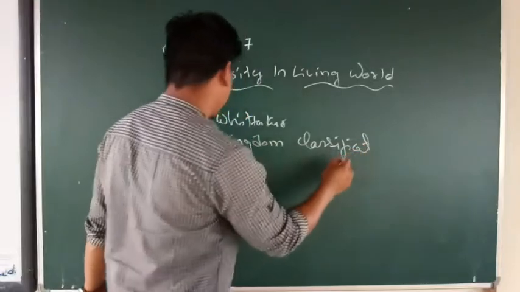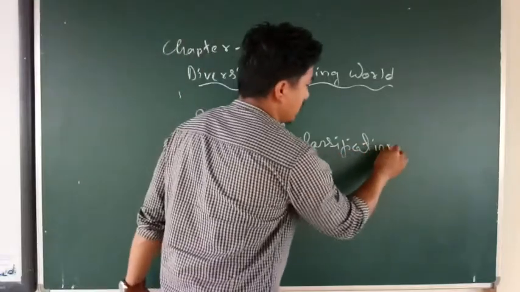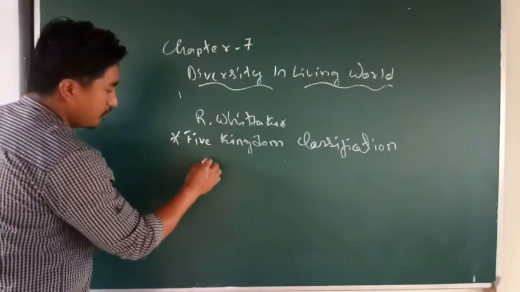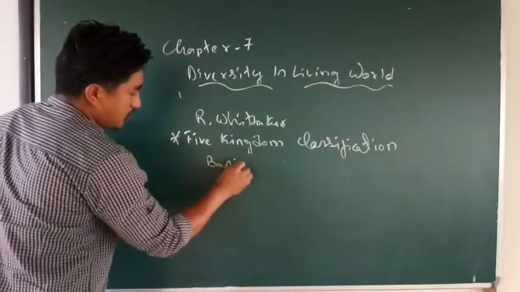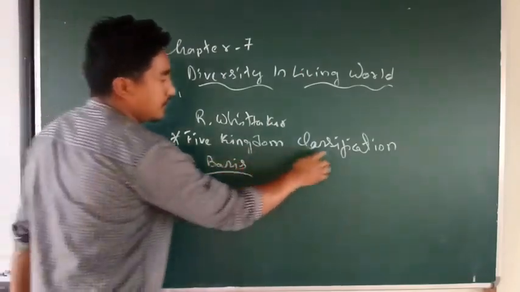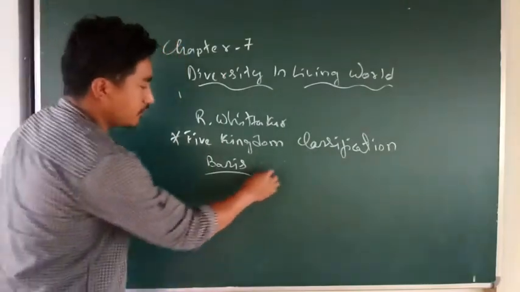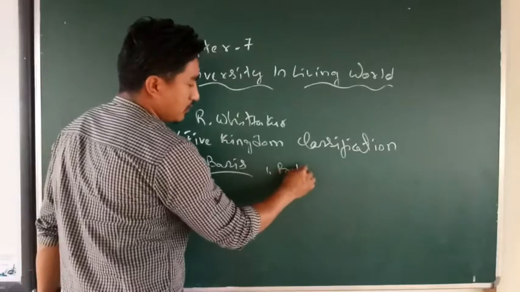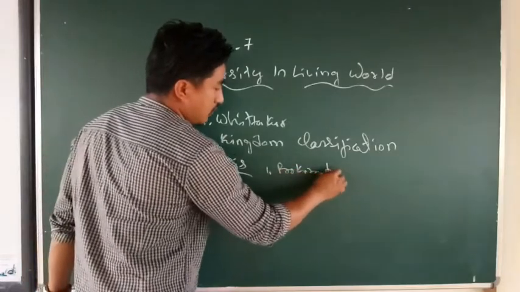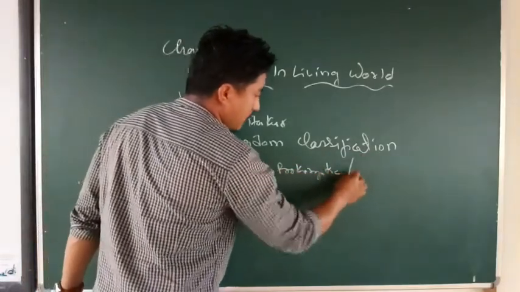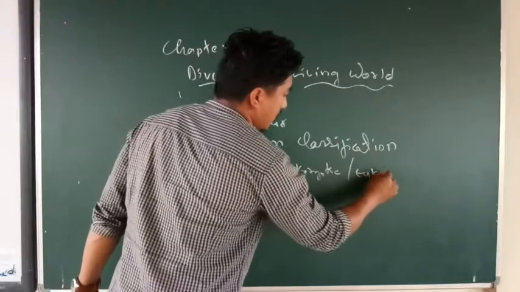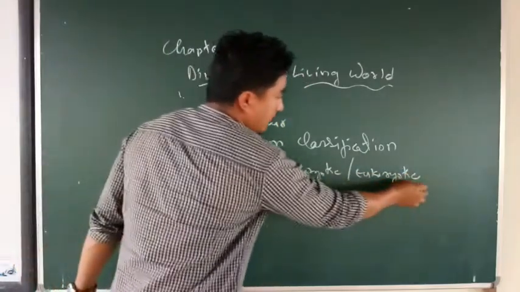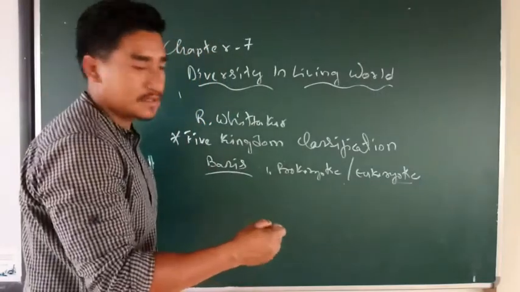Now, the basis of this five kingdom classification: the first was whether they are prokaryotic or eukaryotic. This prokaryotic and eukaryotic we have discussed in our first chapter.